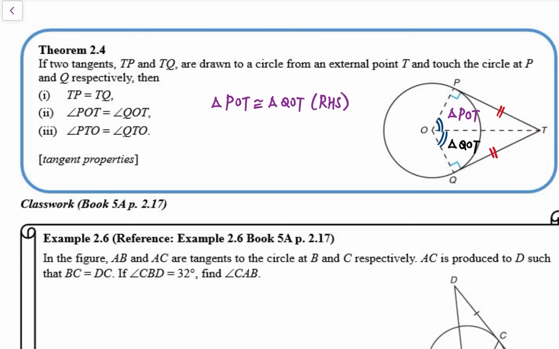And the third property would be angle PTO is equal to angle QTO. So the two angles at the external point are equal. And the reason for this would be tangent properties.